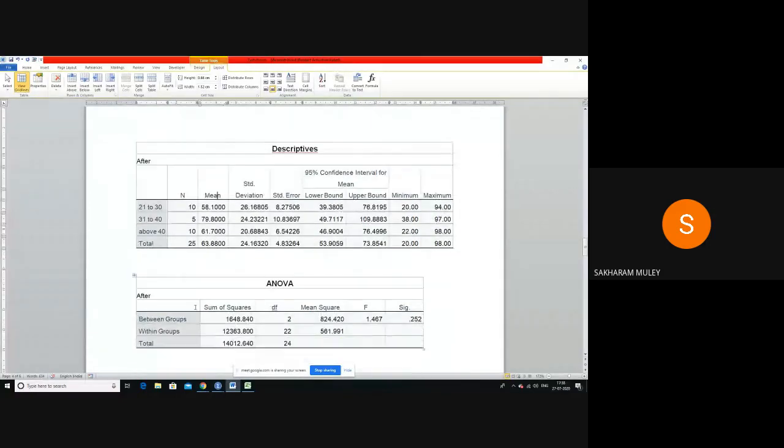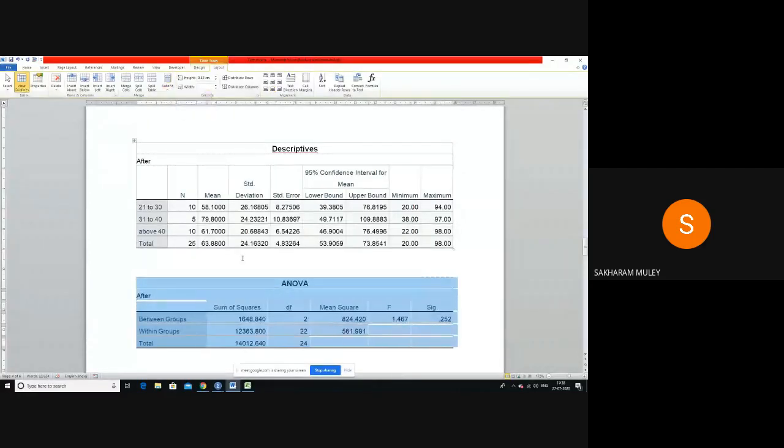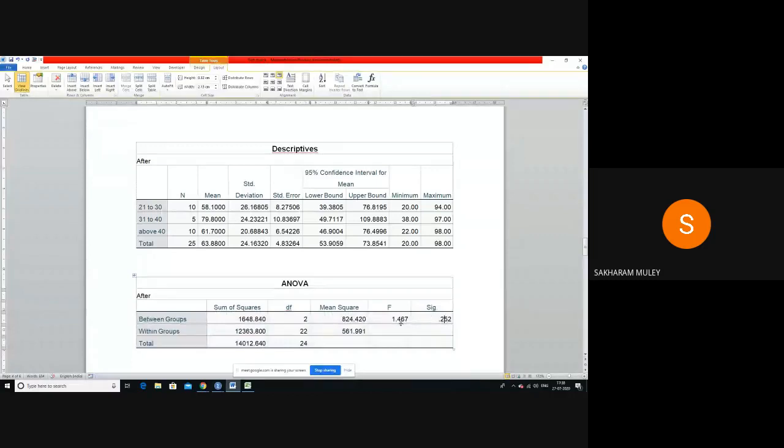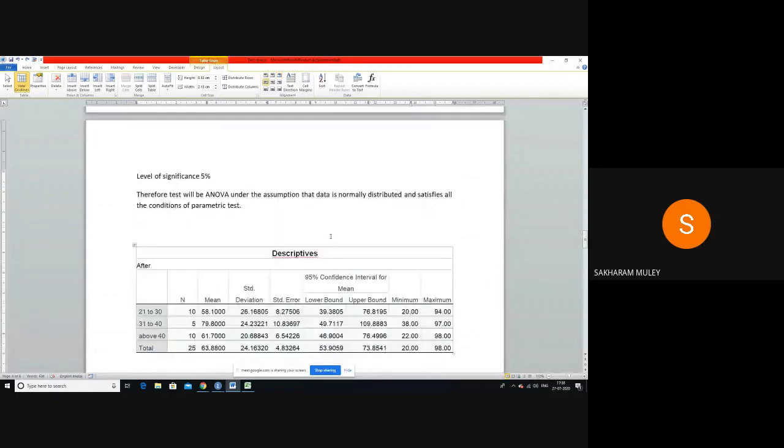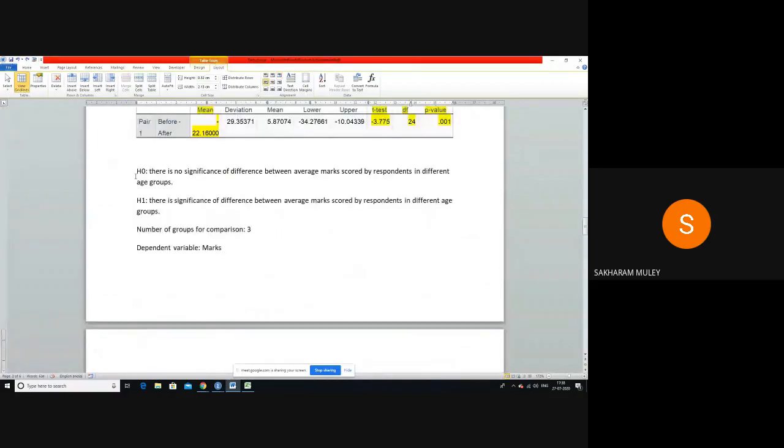My ANOVA is not significant. ANOVA not significant means the p-value is greater than 0.05, which indicates that I should retain my null hypothesis, that there is no significant difference.